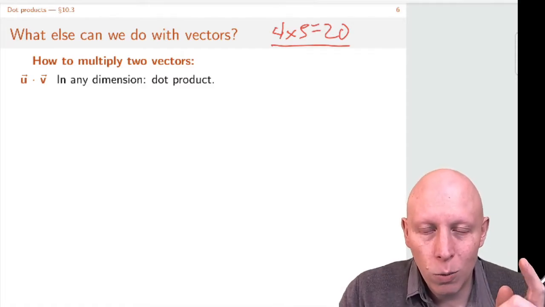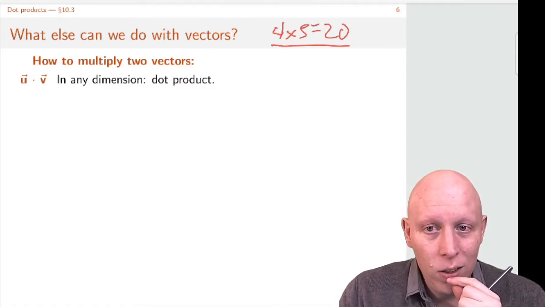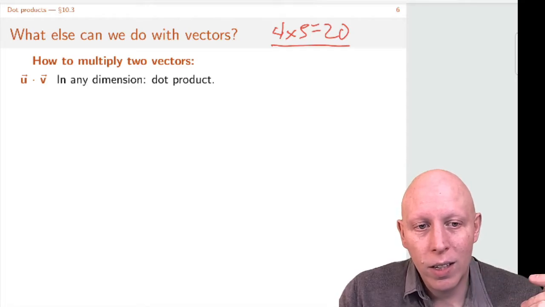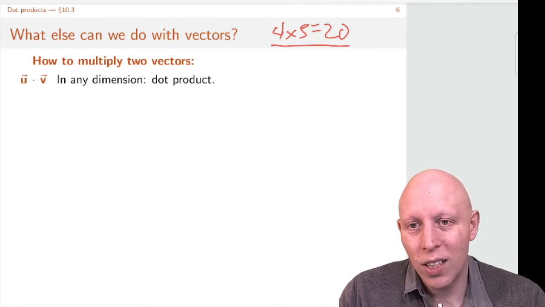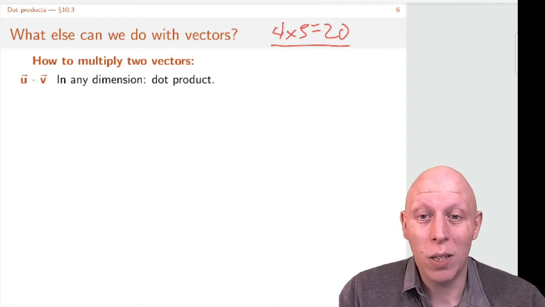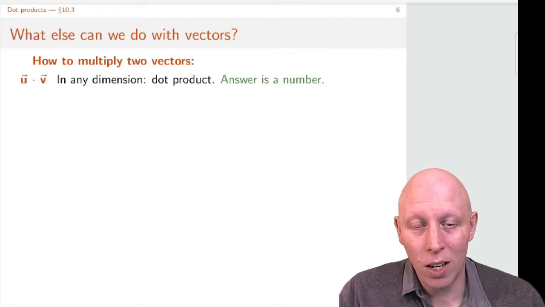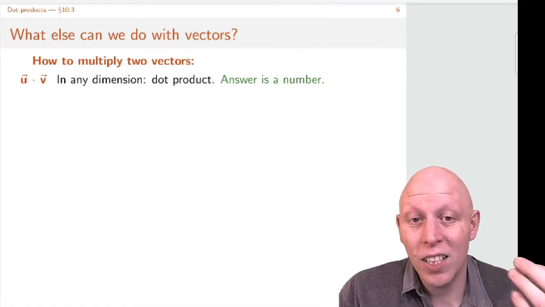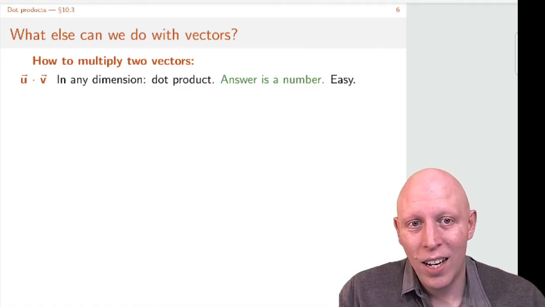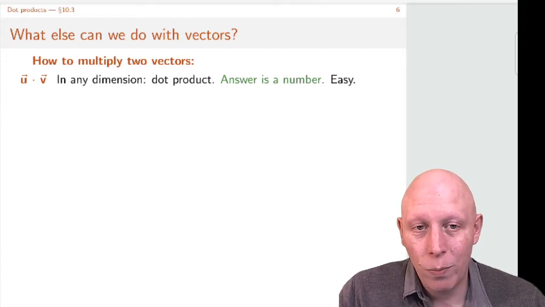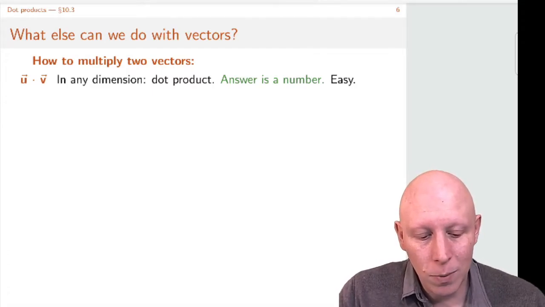Well, there are two different ways to multiply two vectors together. In any dimension, you can use the dot product. The thing we know about the dot product is that the answer is always a number, and it's an easy thing to do. We're going to talk about that shortly.